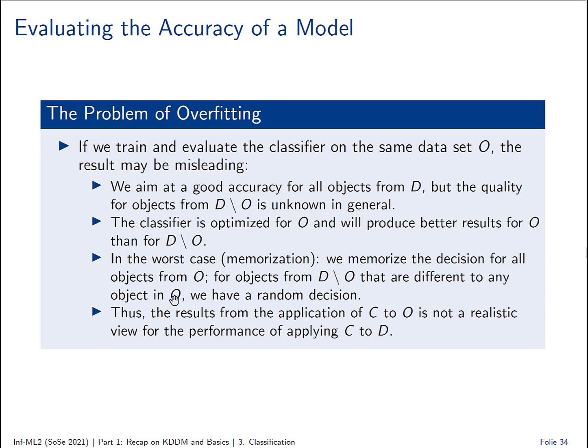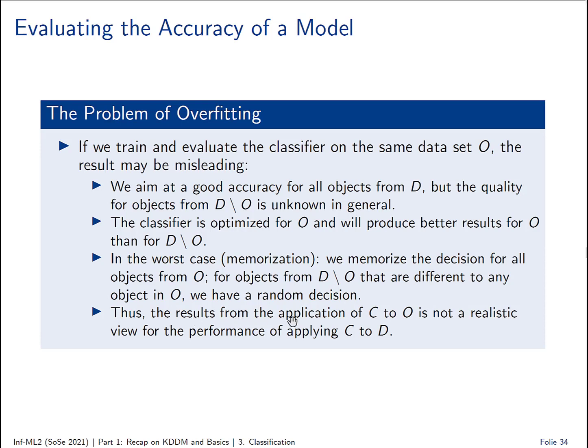Now if something comes in and we have to predict the class label for this one, and we haven't seen this observation so far, and we just have memorized what we've seen so far, we can have only a random decision. So that would be the worst case of overfitting.